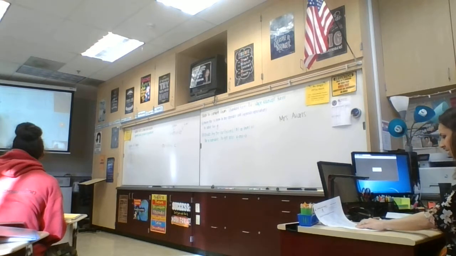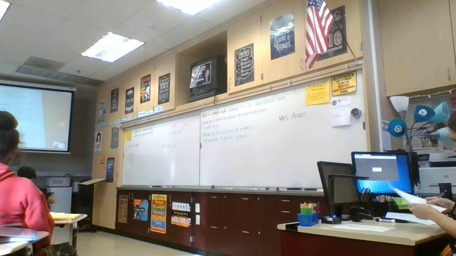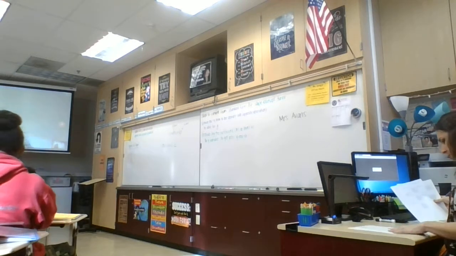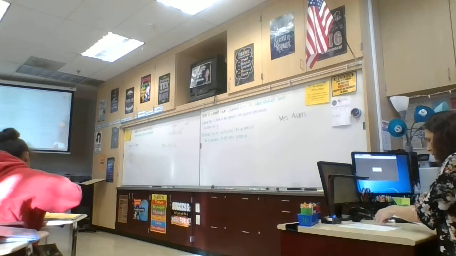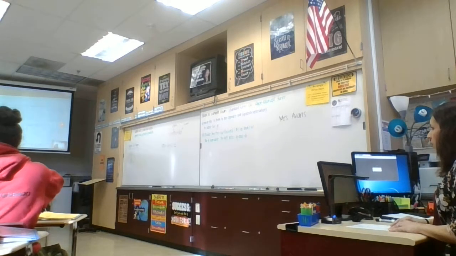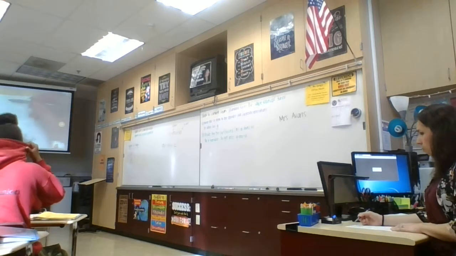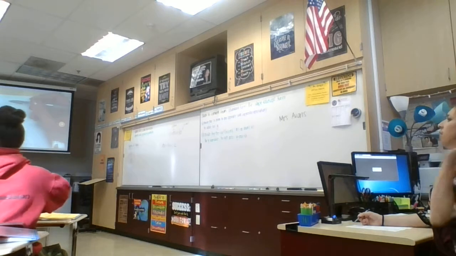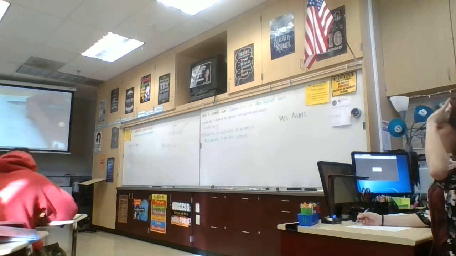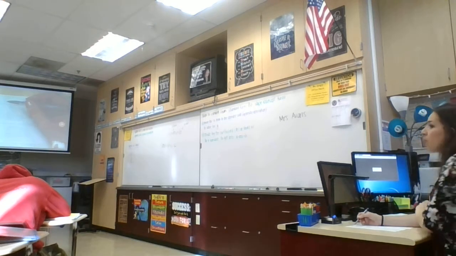All right. Did everyone get number 11? Okay, let's take a look at number 12. I want you guys to work on this one with me. All right, guys. Eyes on the board, please. Can I graph number 12 the way that it is?